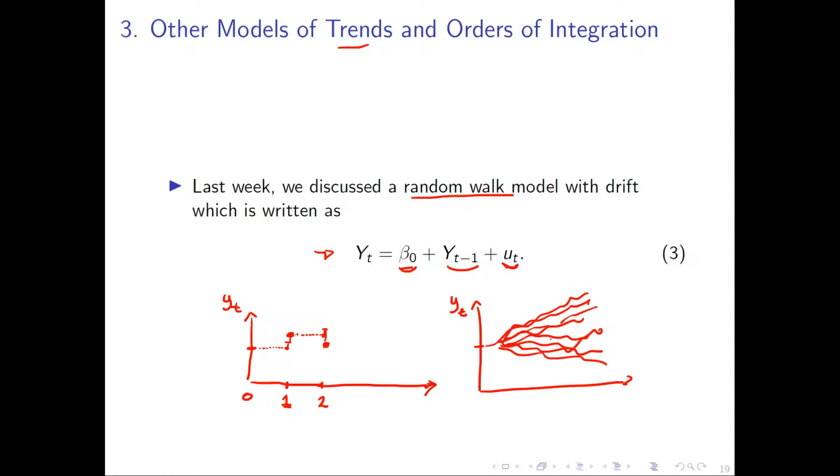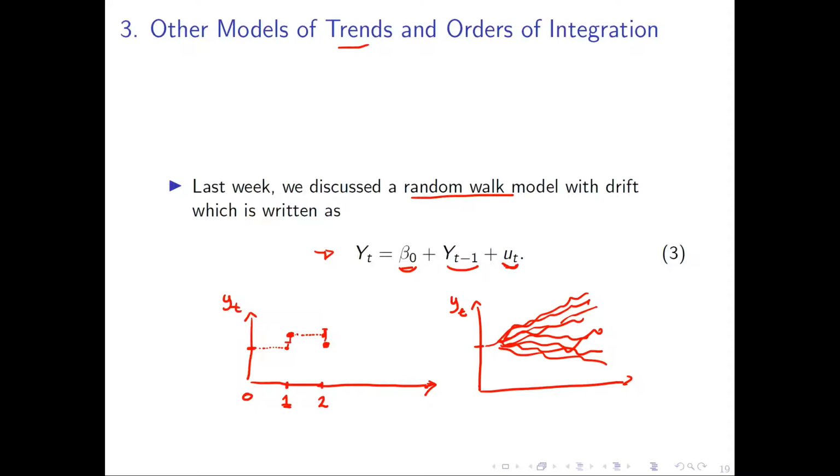So the variance of the process is increasing, and this makes this random walk model non-stationary.